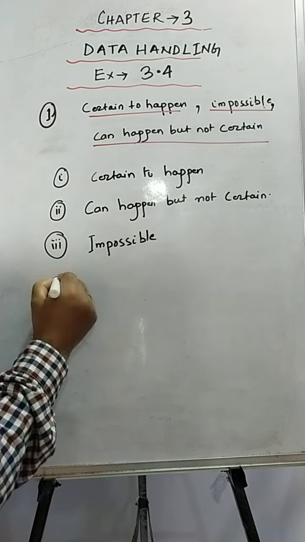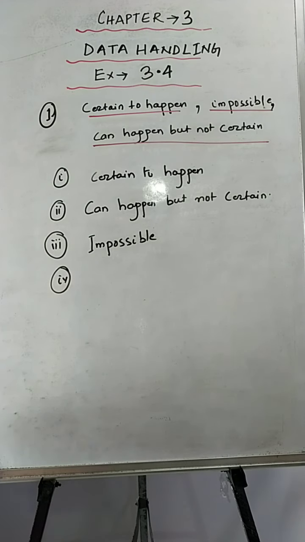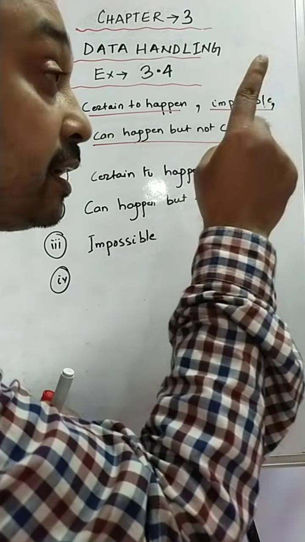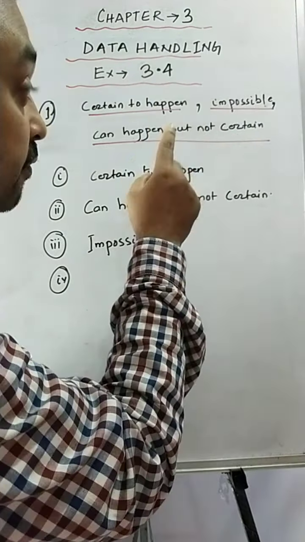Now what is 4? 4 is the next traffic light seen will be green. Could be, fine. So there is a chance, but the other lights are also possible. It could be red also, it could be yellow also.